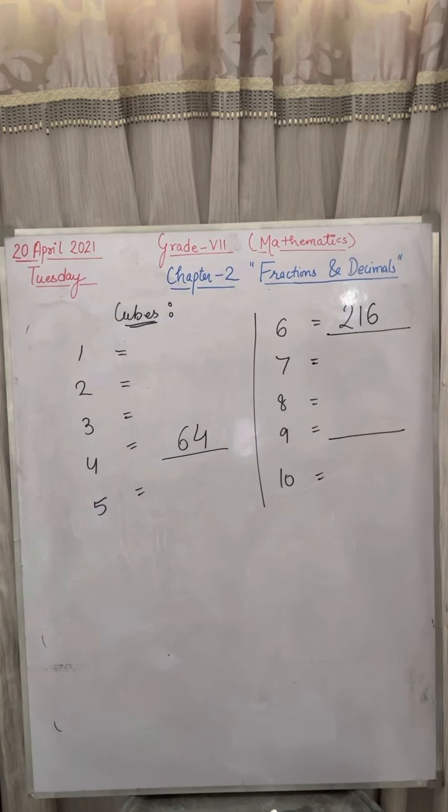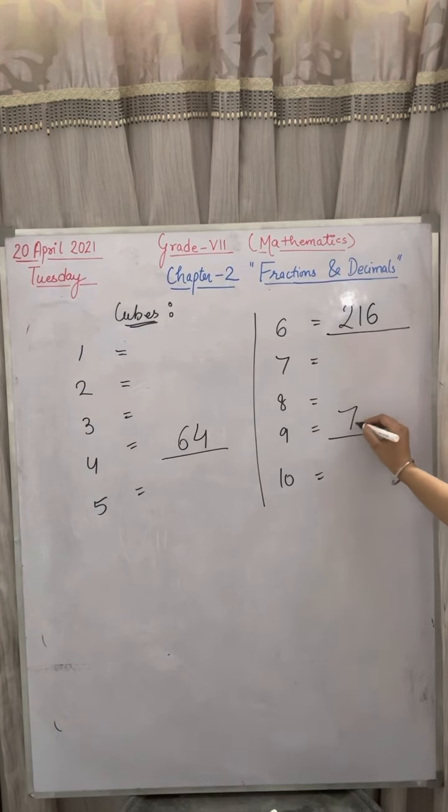Dhruv, correct. Urvashi, correct. Ananya, correct. Om, correct. Kunal, correct. Other students, what are you doing? Give me the answer. Mavish, correct. Tanish, give me the answer of 9 cube. Quickly. Ishita, very good. Tanish, where is your notebook and book? Very good, Ananya. It is 729.